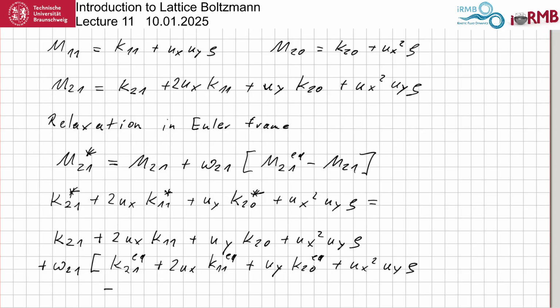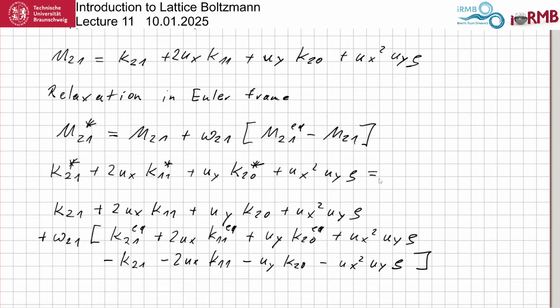And now comes minus M21, so everything again the same, just changing the sign: K21 minus ux K11 pre-collision, uy K20 pre-collision, minus ux square uy rho, and closing the bracket.